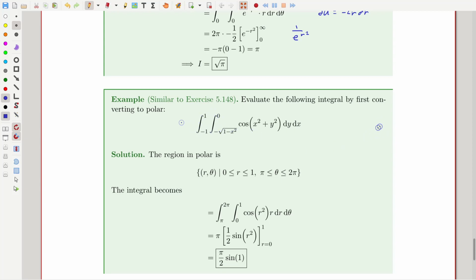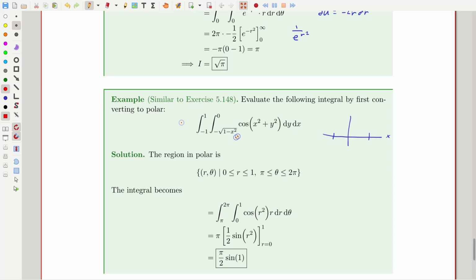So what I would do is to try sketching out what this domain looks like. So it's saying that x ranges from -1 to 1, okay? And it says that, well, y ranges from this negative quantity to 0. So at most, the y coordinate is 0. So that's kind of interesting.